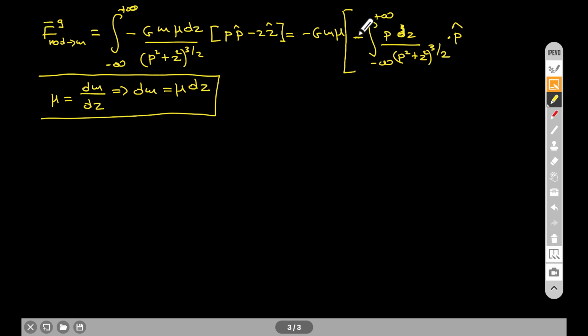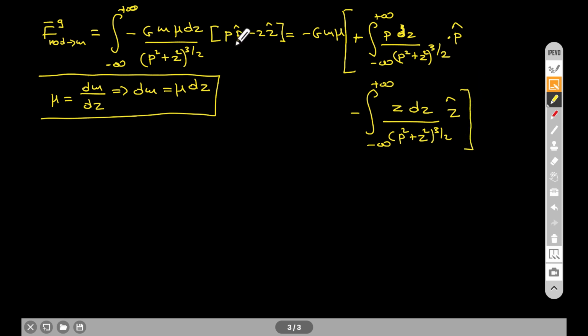I think I don't need the minus sign here since I took it out of the integral, but I do need a minus sign here, with z going from minus infinity to plus infinity, and what I have is z dz over rho squared plus z squared to the 3 over 2 times z hat.